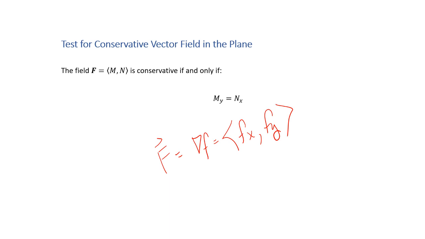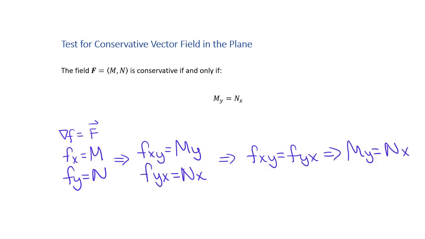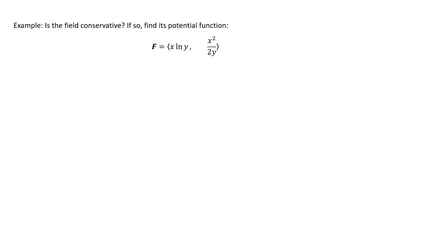And so what this test is saying is, if I take the derivative of f sub x with respect to y, it should equal the derivative of f sub y with respect to x. That just comes from our partial derivatives, the fact that the order you differentiate with those partial derivatives doesn't matter.